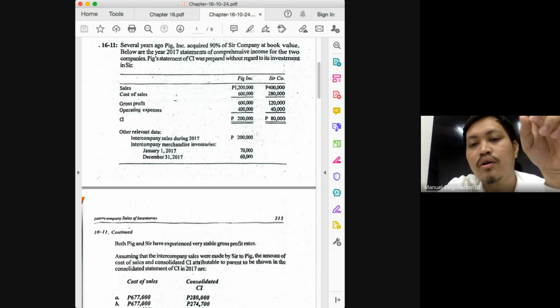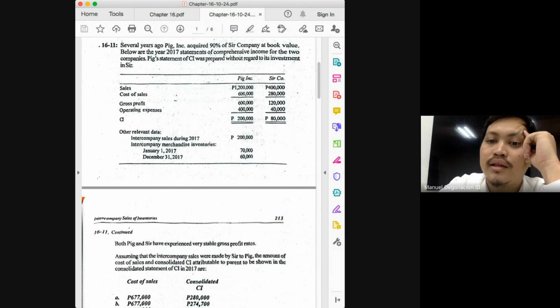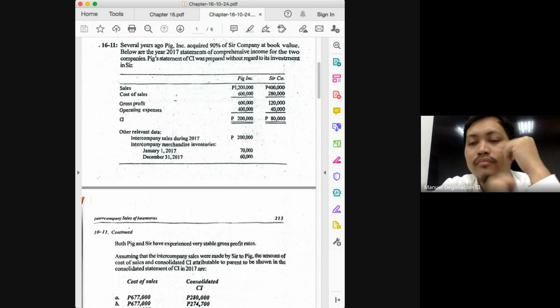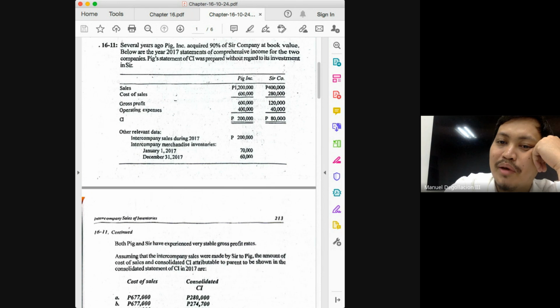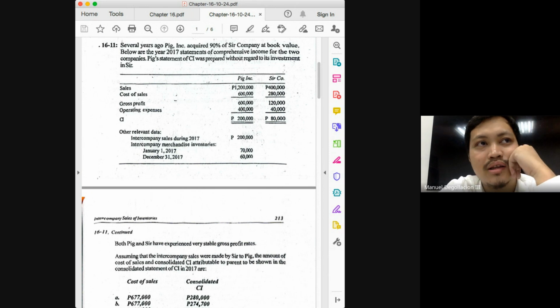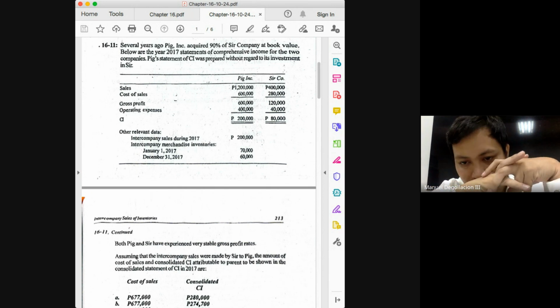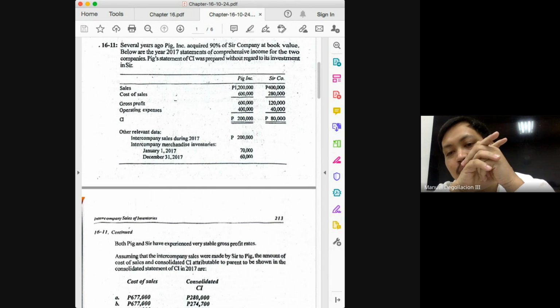It happened in 2016. But the 30% we have here is based on the sales information in 2017. The question now is, can we use the 30% to get the markup on the 70,000? Yes or no?